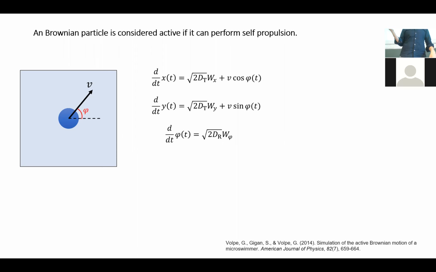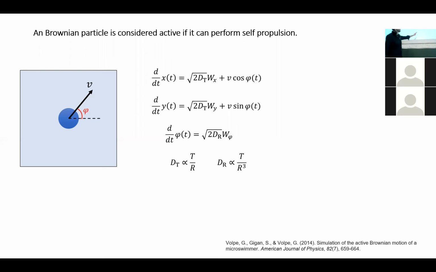That's why it's incredibly difficult to artificially generate nanoscopic swimmers, nanoparticles that go in a certain direction, because their rotational diffusion is incredibly large, so that their orientation becomes uncorrelated with itself in a few milliseconds. So these are how these diffusion coefficients scale.